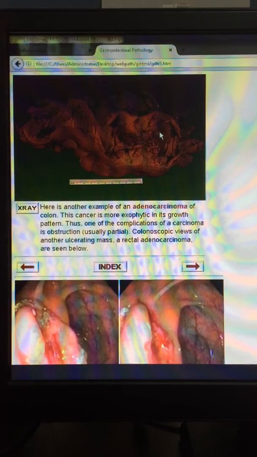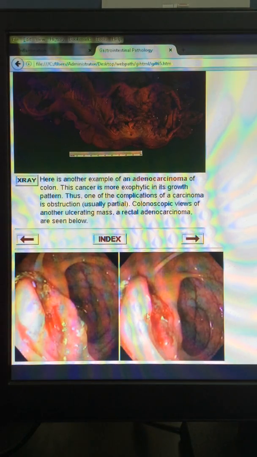The fungating tumor usually manifests as constipation or intestinal obstruction according to the size and extent of obliteration of the colon lumen. And this is another example of adenocarcinoma on lower GI endoscopy.